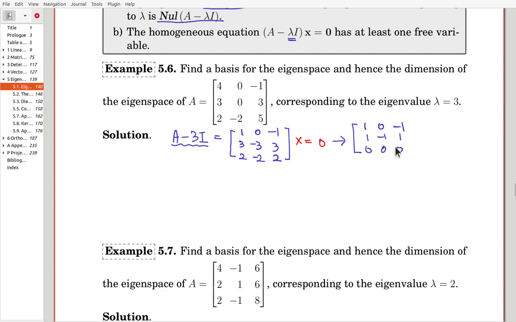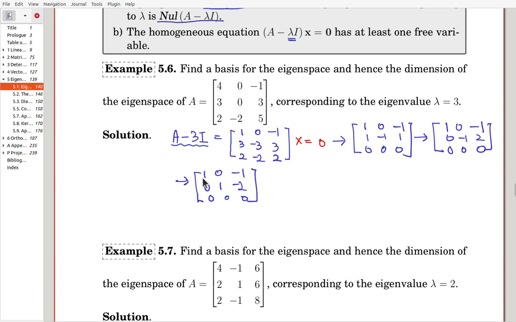We'll put this as 0. Now subtraction: 1, 0, minus 1, subtraction will make 0. Subtraction, minus 1. Subtraction will make that 2. And here this is 0. After scaling, minus 1 is multiplied. So 1, 0, minus 1, 0, 1, minus 2, 0, 0, 0.